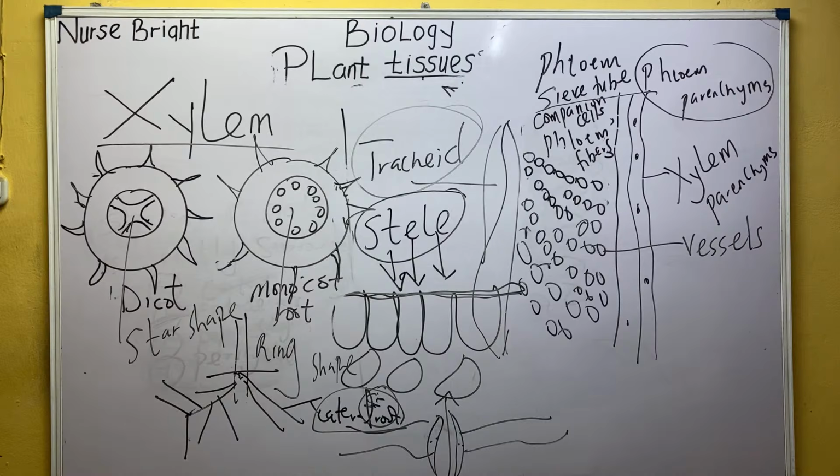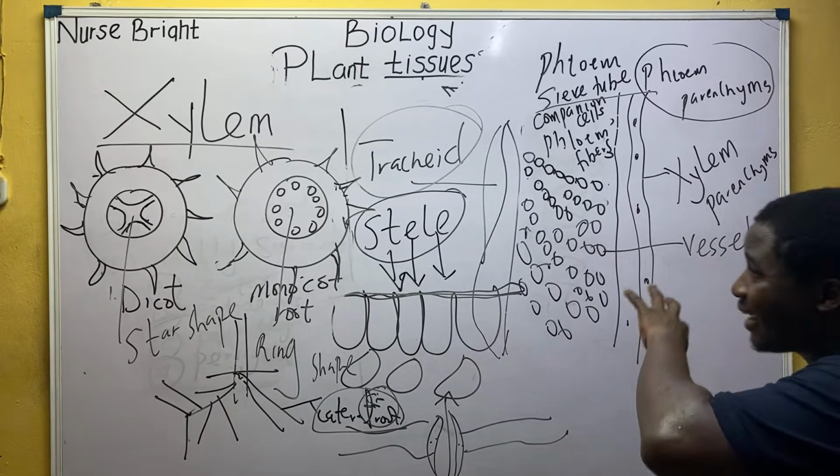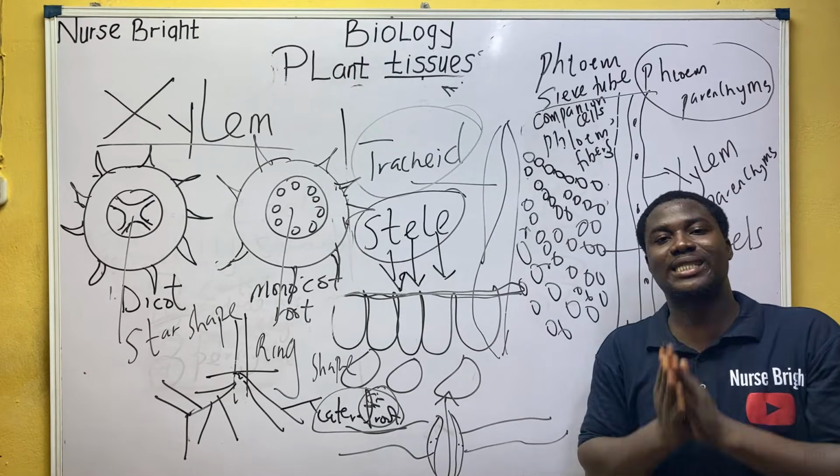I'm coming, guys, so we can move further. Now, let us quickly understand the diagram of a monocot and a dicot stem.